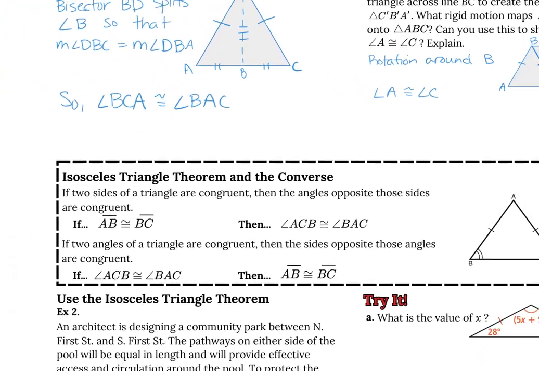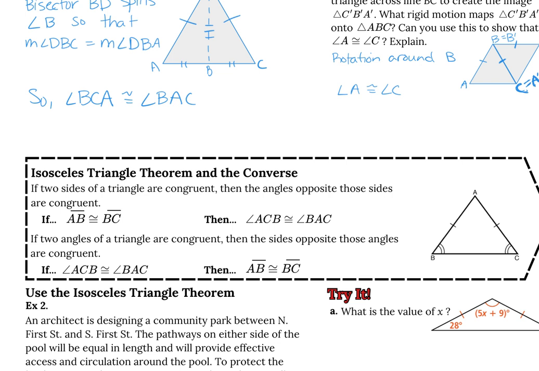All right, so next we're going to look at the isosceles triangle theorem and the converse of that. So the isosceles triangle theorem tells us that if side AB is equal to AC, so AB here is equal to AC here, then we know that angle ACB would be equal and congruent to angle ABC. Okay, and I can see that I have an error in this.